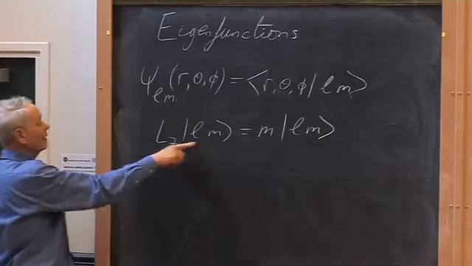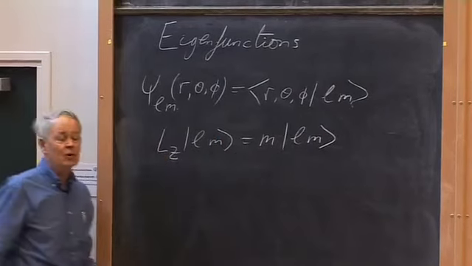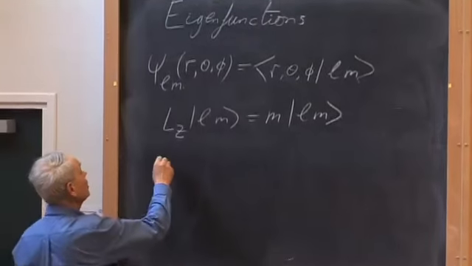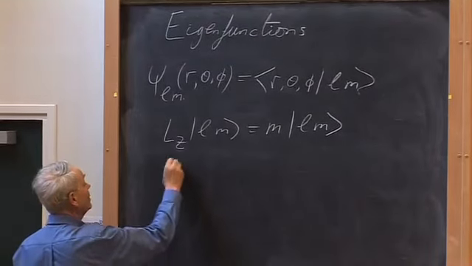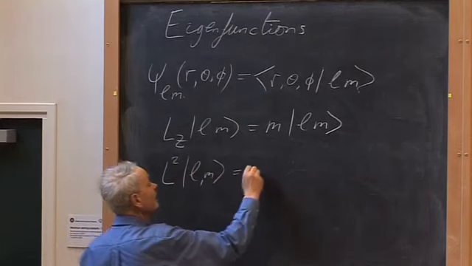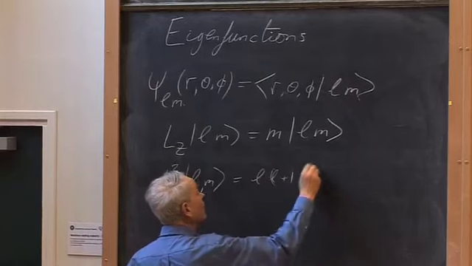This thing has got to be an eigenfunction of this operator with the eigenvalue m, which we now know to be an integer.